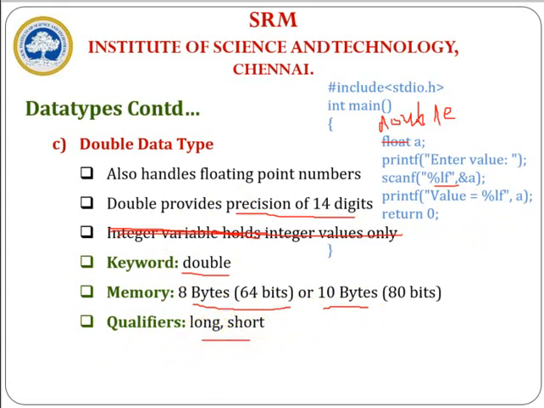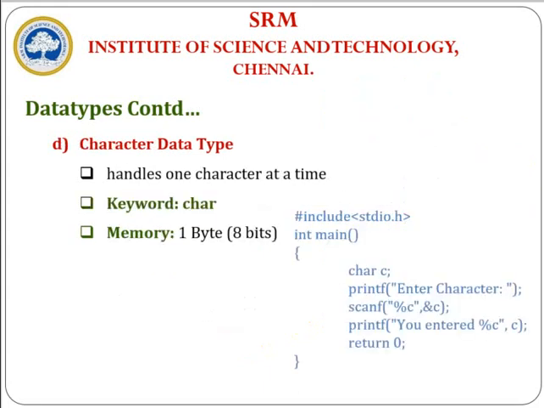Fine. So this is the double data type, and the next data type is the character data type, which can handle only one character at a time. 1 byte of memory will be allocated, and the keyword is char.